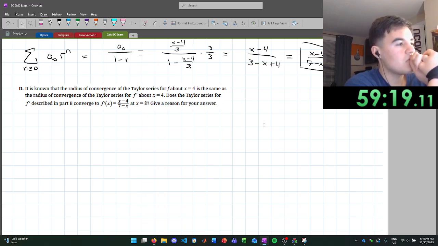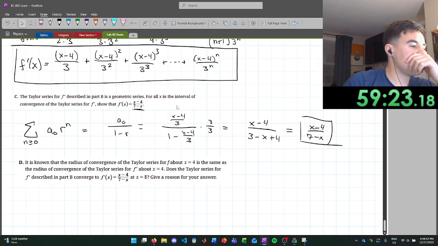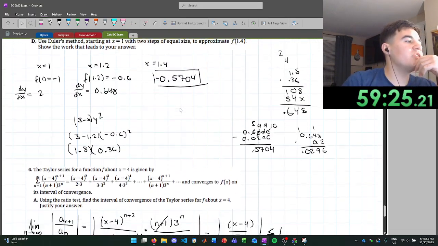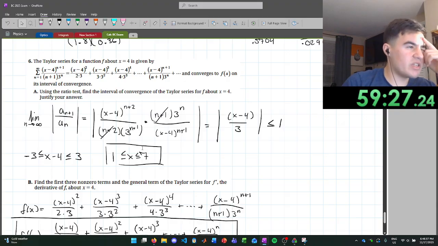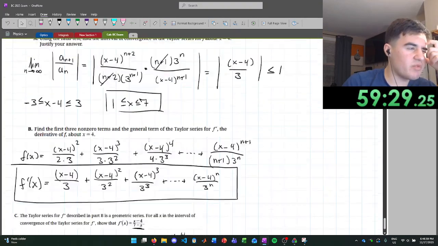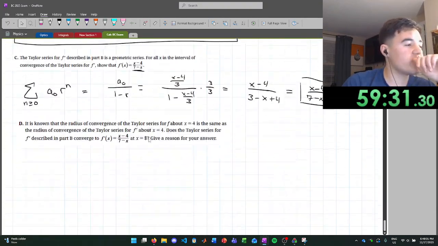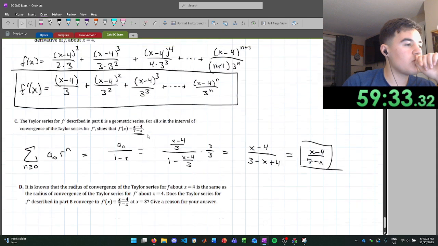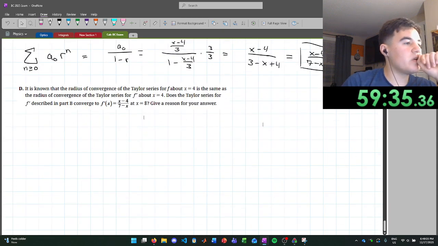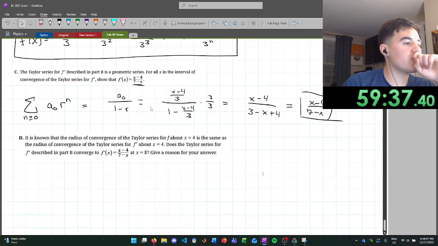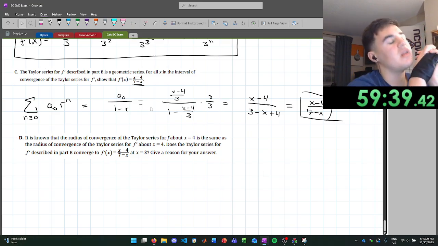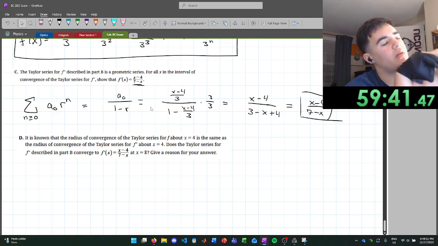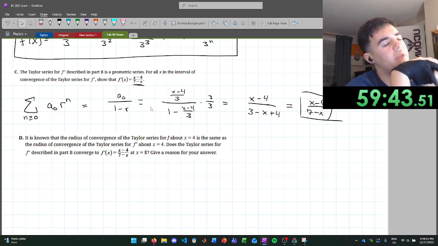Hmm. Sure. The interval of convergence is between 1 and 7. So it'll converge to f prime of x between 1 and 7. So does this converge at x equals 8 is the question. That'd be 4 over -1, should be -4.